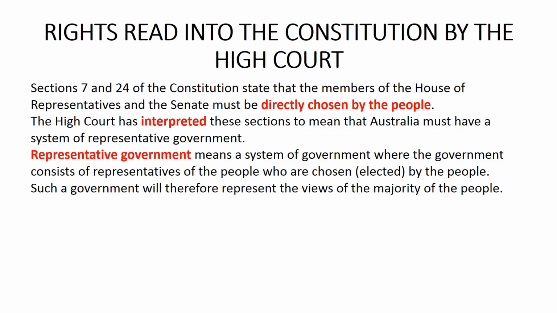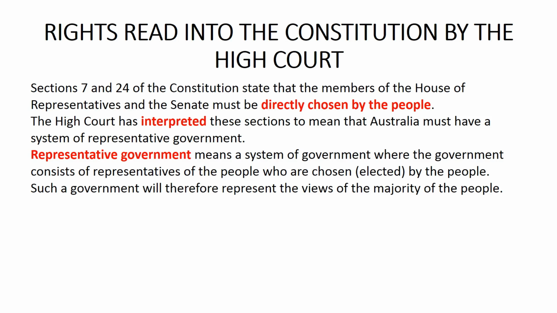To understand the most important rights that the High Court has read into the Constitution, we need to look at the concept of representative government. Sections 7 and 24 of the Constitution state that the members of the House of Representatives and the Senate must be directly chosen by the people.